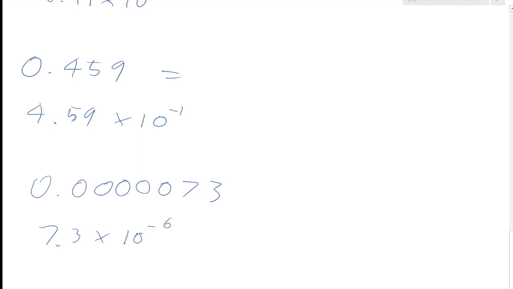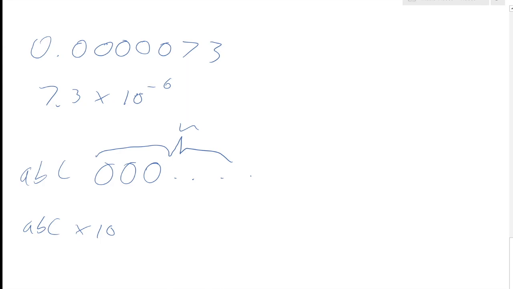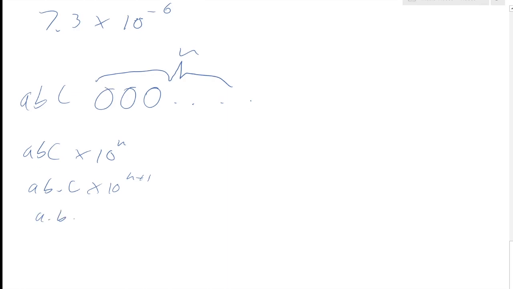So, basic rule is if you have some number, let's call it ABC, with some zeros after it, you start by counting the zeros. So you then get ABC times 10, let's say there were n zeros, 10 to the n, and then you divide your number ABC, so you get AB point C times 10 to the n plus 1, and A point BC times 10 to the n plus 2, and that works whatever.